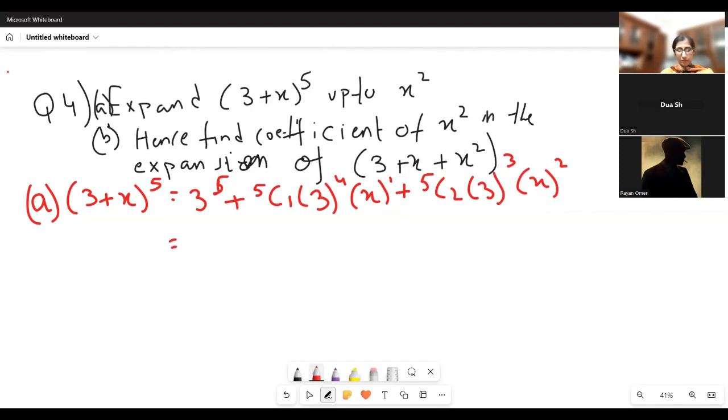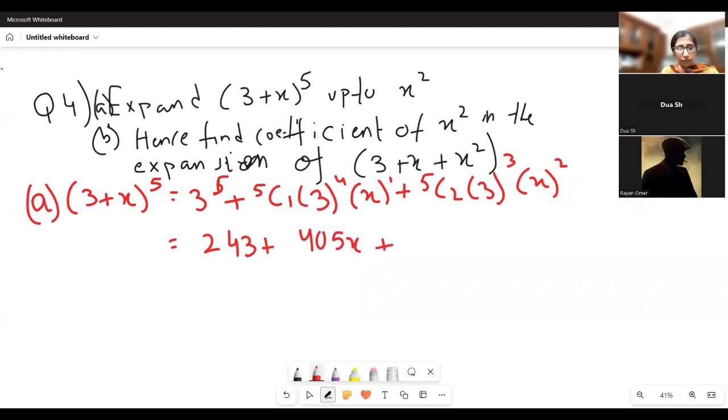3 power 5 is 243, plus 5C1 is 5 times 3 power 4. So that's 405x.